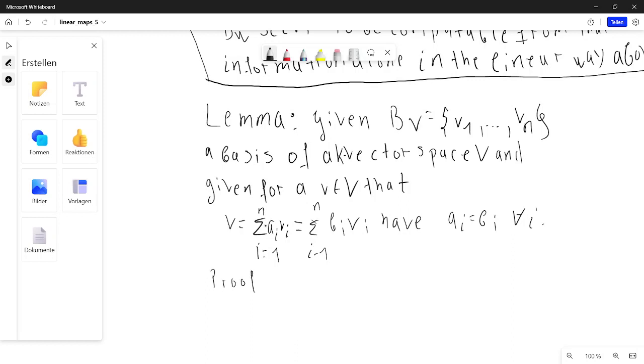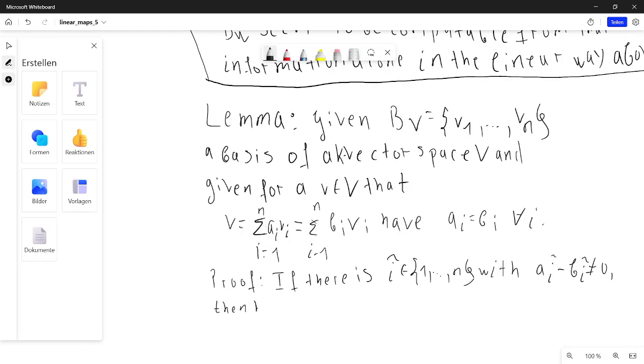Proof. If there is some i from 1 to n with a_i minus b_i unequal 0, then we have a contradiction to linear independence.